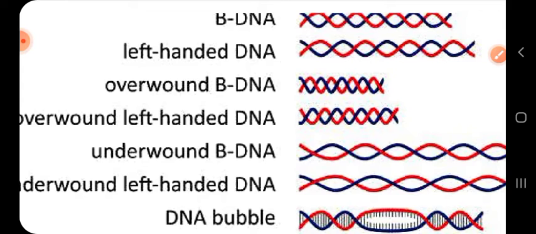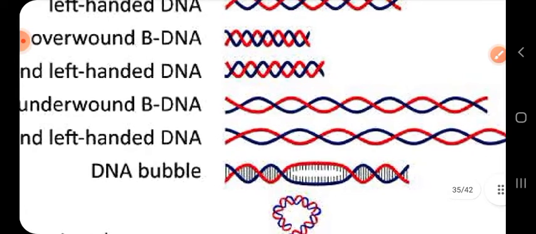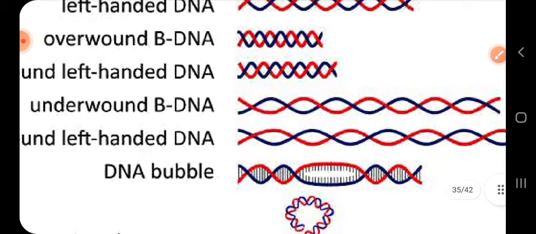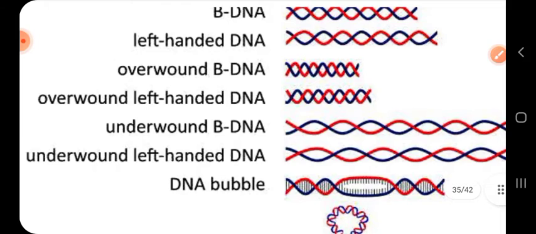That's why overwinding of DNA, over-coiling of DNA occurs. And you can also see the underwound B-DNA, where the undercoiling occurs against it, coiling occurs in the left-handed conformation, and DNA is a right-handed double helical structure. So the coiling nature of DNA now becomes loose. In this way, the DNA coiling occurs, supercoiling is observed.